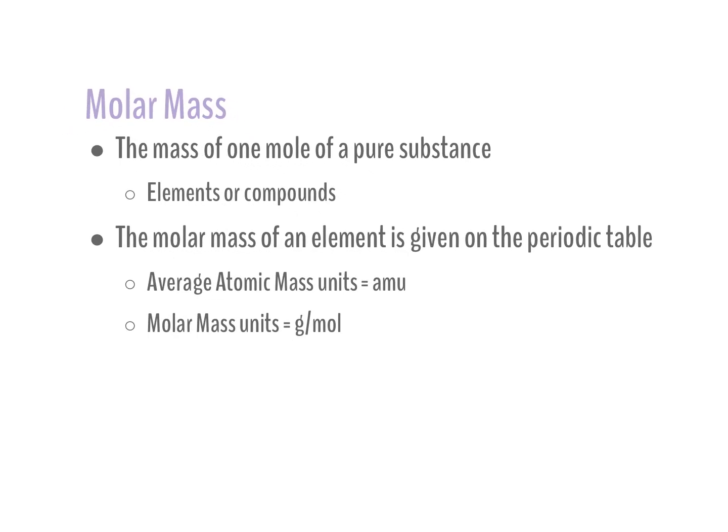All right, molar mass is the mass of 1 mole of a pure substance. You can find molar mass of both elements and compounds. Molar mass of a given element is on the periodic table. So we just talked about the difference between these two. They represent the same numerical value.